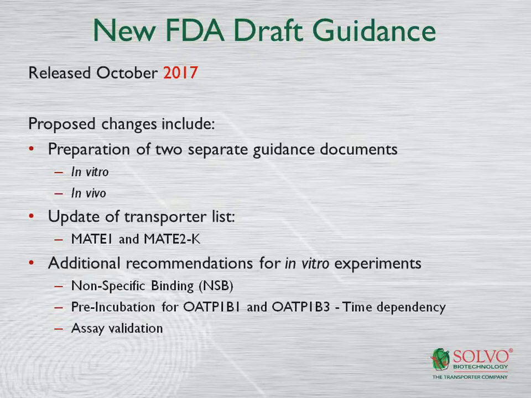And I think the most important part of this new guidance is that the non-specific binding should really be assessed. So also for these in vitro models, the drug can attach to the plastic material, can attach to the cell membrane. So the non-specific binding to all this needs to be included to come to the real results of substrate concentration and of the IC50 value.